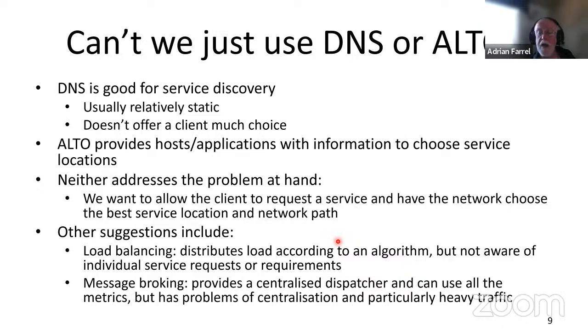Not really taking account of the network, not really taking account of all of the metrics, and so not quite what we want. And there's this thing called message broking, where there's a kind of centralized dispatcher that uses all of the metrics maybe, but it has a problem of being centralized, and particularly a problem if there's really heavy traffic. So what we see is that there's a set of tools out there that address similar problems, but they don't quite hit what we're aiming at here with computing aware networking.